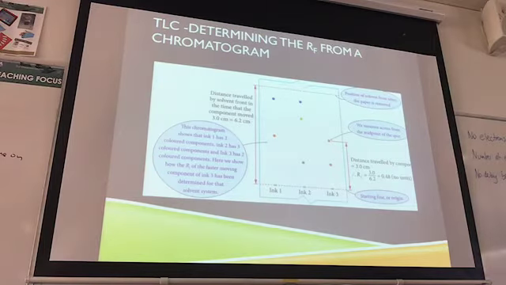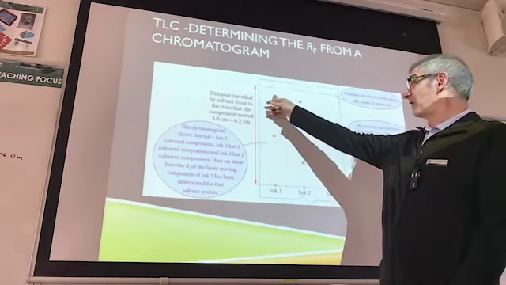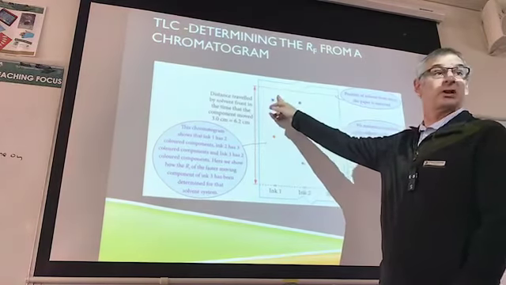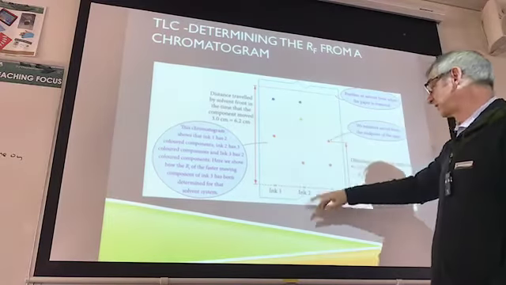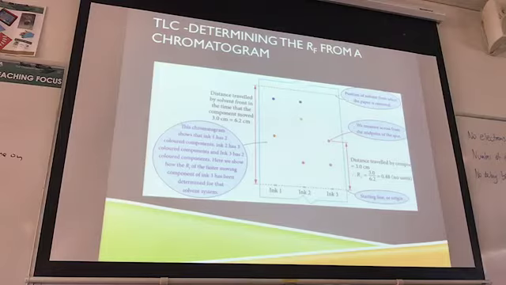Why mobile? Yep, we know that they're attracted to the mobile phase because they've moved the furthest, whereas the pink dots are more attracted to the stationary phase, because they've moved the least amount of distance.